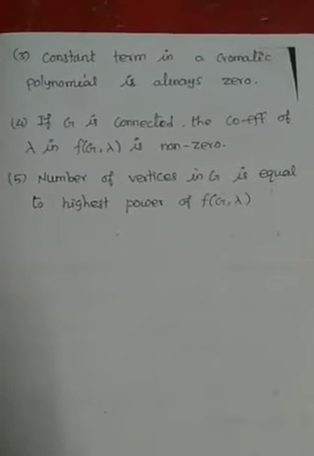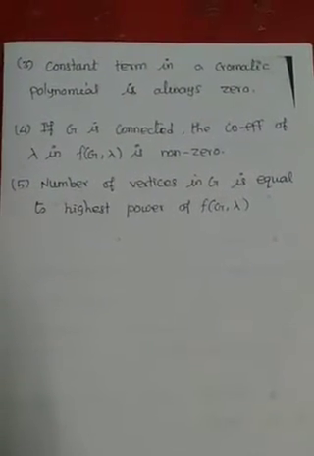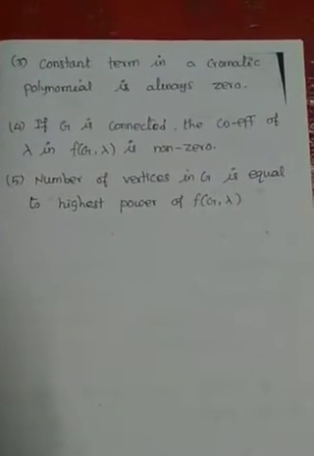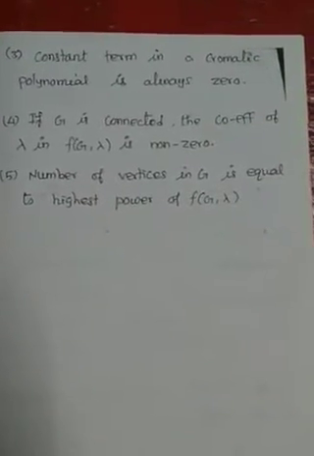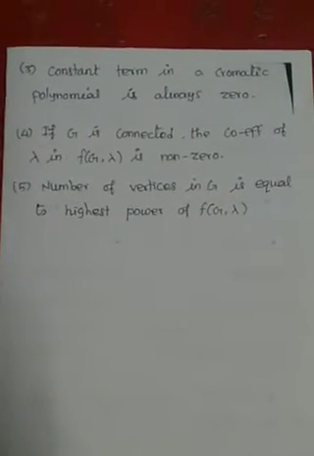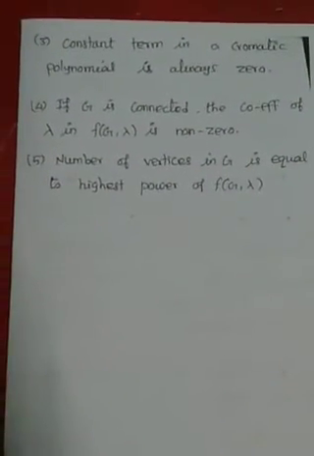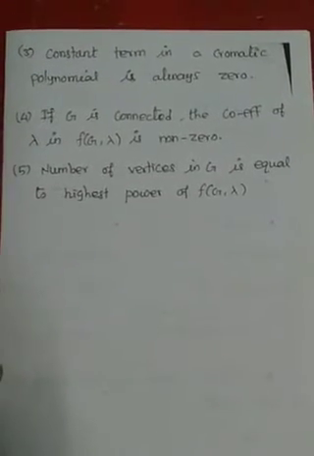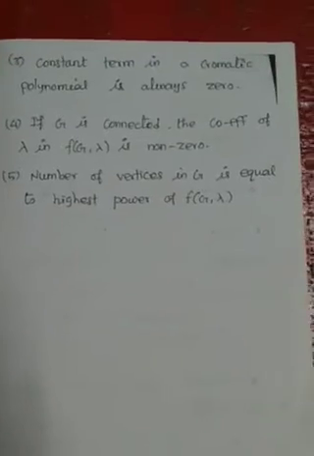Let us take a chromatic polynomial. The constant term is always 0. The fourth property: if G is a connected graph, the coefficient of lambda in the chromatic polynomial is non-zero. The fifth property is that the number of vertices in G is equal to the highest power of the chromatic polynomial.